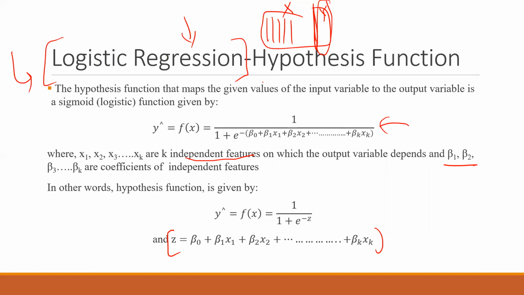Can anyone tell? This is actually an interview question: why would you call this a logistic regression problem, when we also know that it is a classification problem? Can anyone tell quickly?